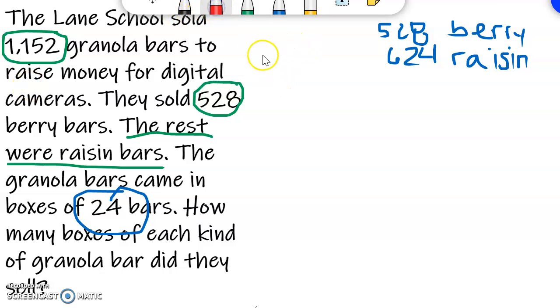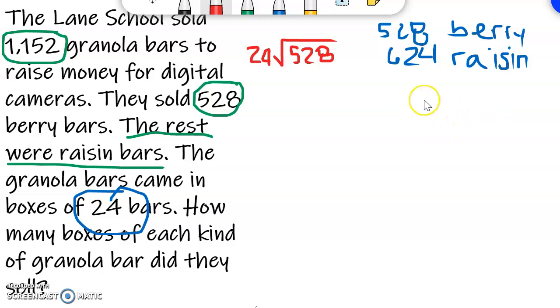And I'm going to reset up a division problem with 24 as the divisor, because that's how many bars come in a box, and 528 as my first dividend, so I can figure out how many boxes of berry were sold first.